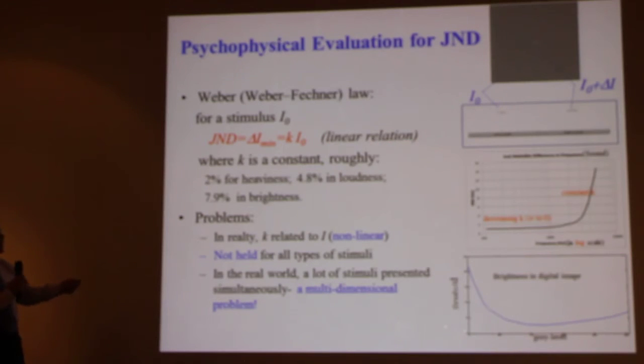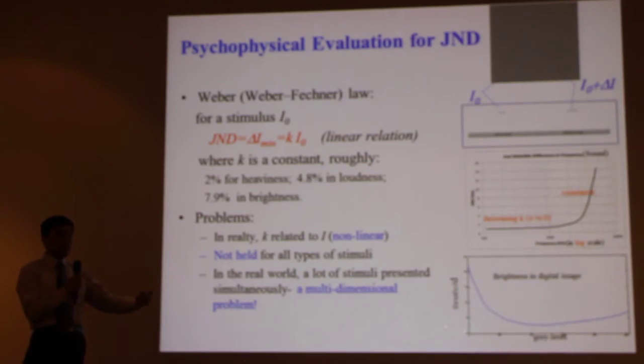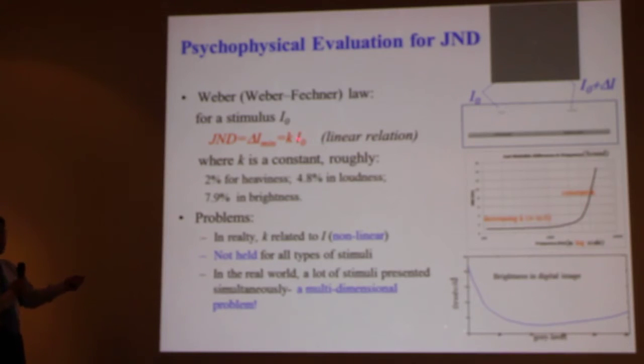A linear relation. This is an example, right? If we have a uniform background in an image, and then we change the center portion from the background, gradually increasing or decreasing the luminance, you find it somehow follows this relation.